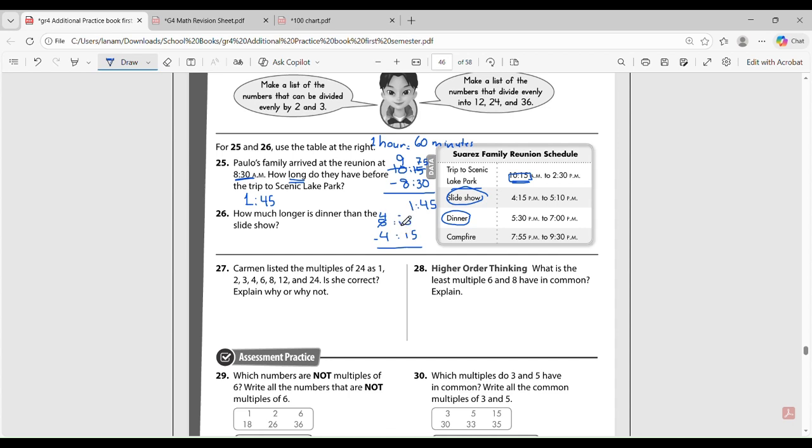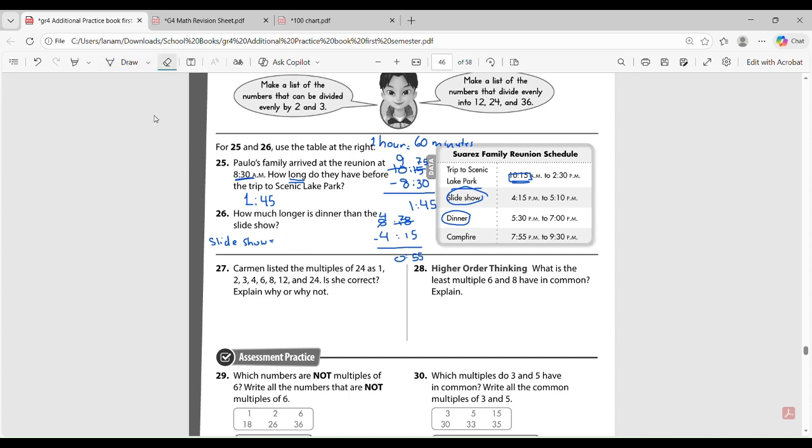I'll give it to the 10, so it will become 70 minutes. 70 minus 15 is 55 minutes. So the slideshow was 55 minutes.